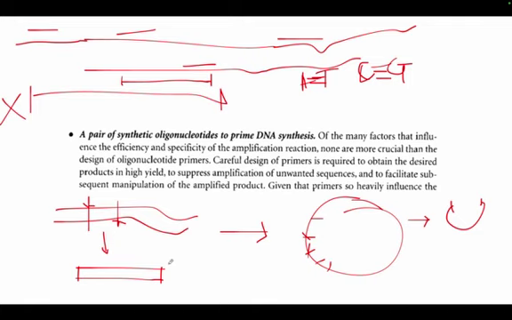And then we can digest this and ligate it into our vector. So you can see that depending on what you want to do with your PCR product, you have to be very thoughtful about how you design your primers, very intentional.